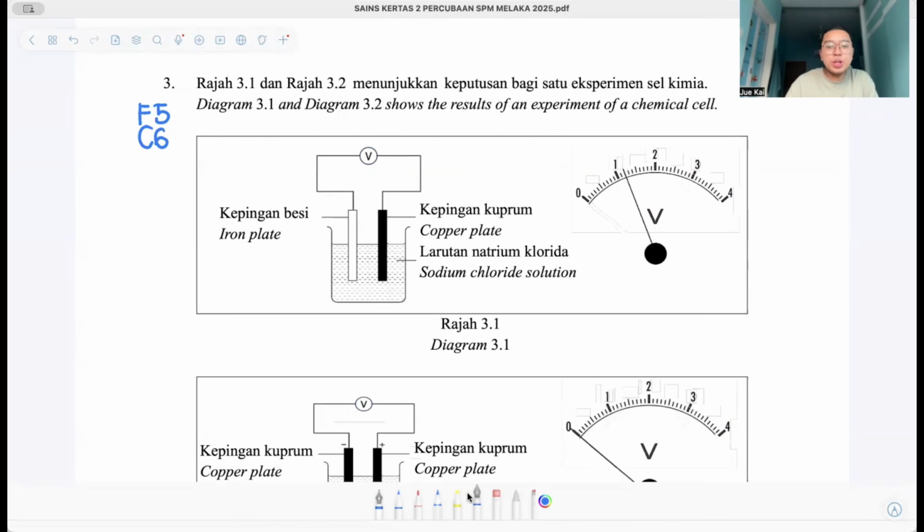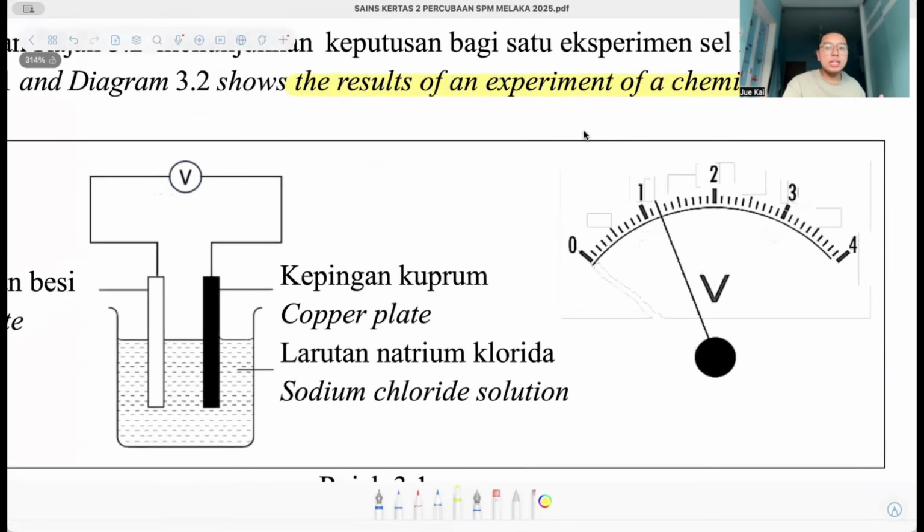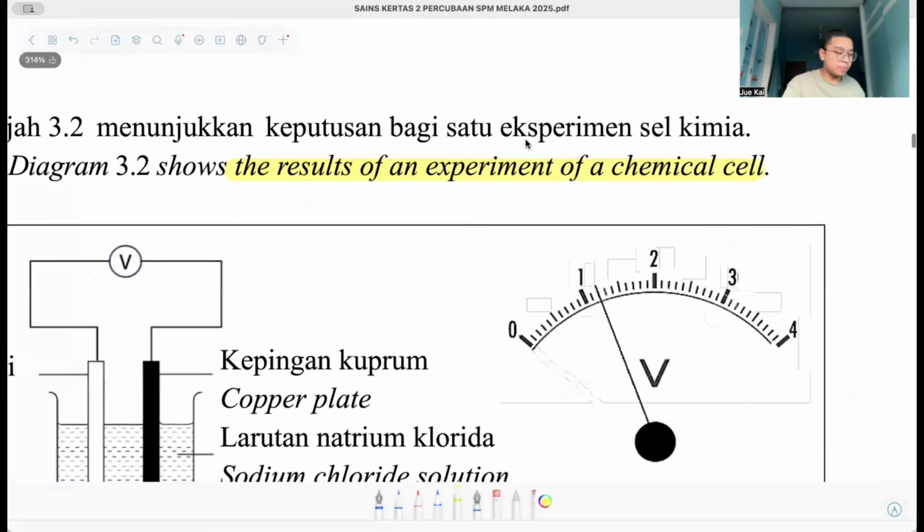Okay, so diagram 3.1 and 3.2 shows the result of an experiment of a chemical cell. Obviously I can see this is chemical cell. By the way, this one I know, I can teach you confidently. So you see, chemical cell, what is the purpose? You can see the word chemical.